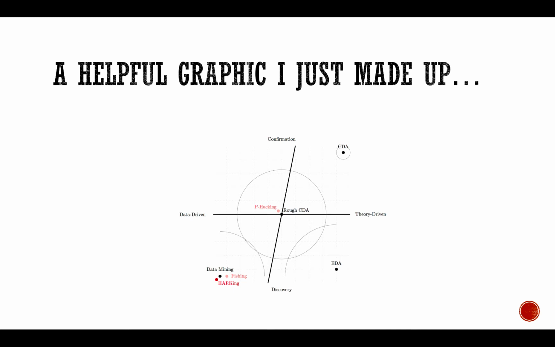And as long as you're transparent about it and saying, hey, look, I made these various decisions on my way because the data suggested different things than I initially anticipated, that's fine. What is not okay is when you're p-hacking, when you're not transparent about how the data is influencing your decision or about how there are elements of discovery in there.